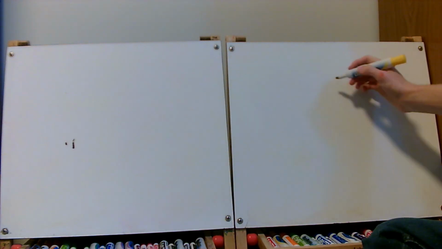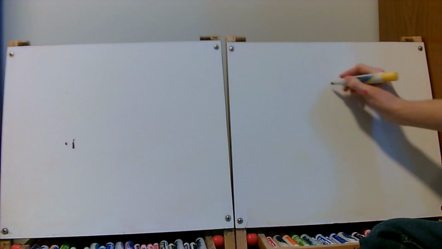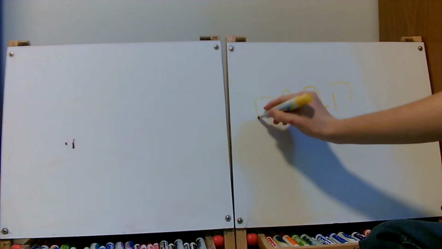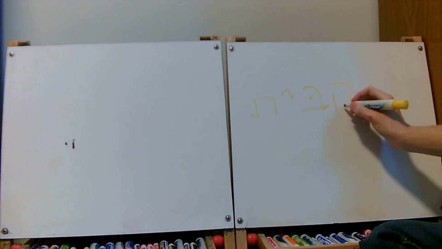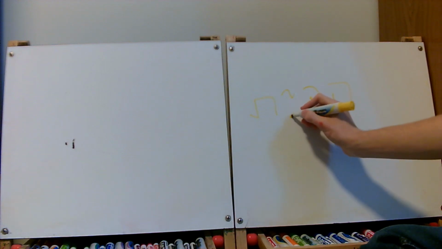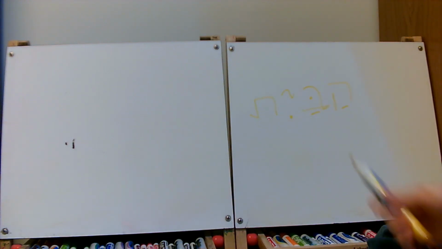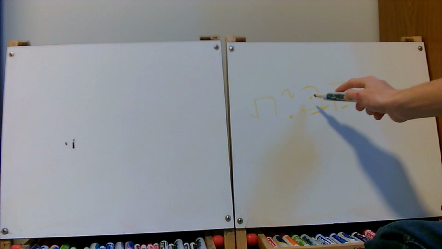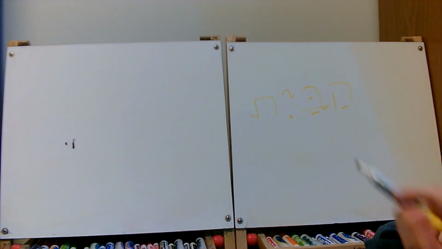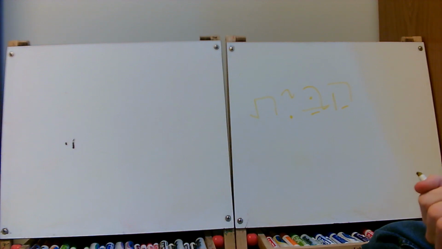But let's take the example. Hav-bayith. Hav-bayith means the house. It has a dagesh forte because the previous sound was a vowel. And when the previous sound is a vowel, it cannot have a dagesh lene anyway.